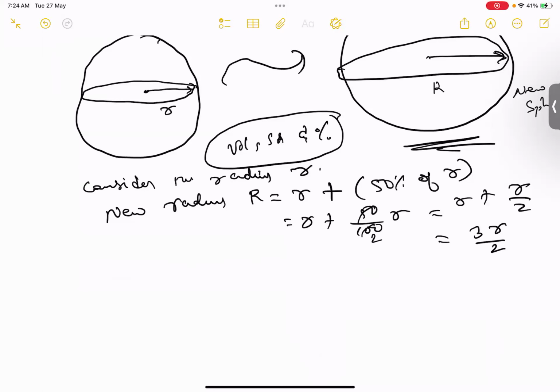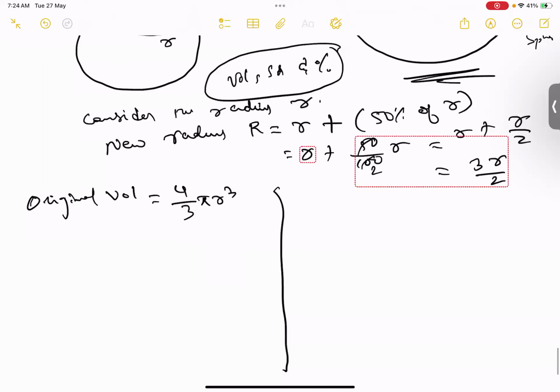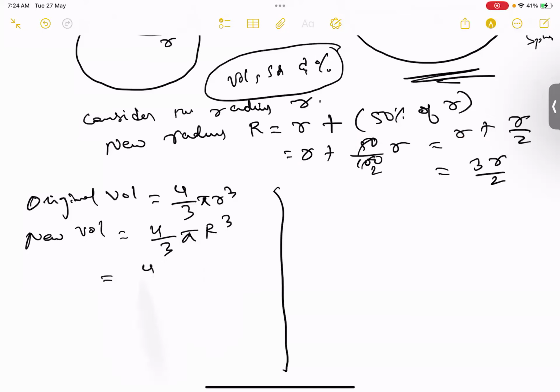Now let's find out the volumes. The original volume is 4 by 3 pi r cube, right? And the new volume will be 4 by 3 pi into the new radius cube, which is 3r by 2 whole cube, right?